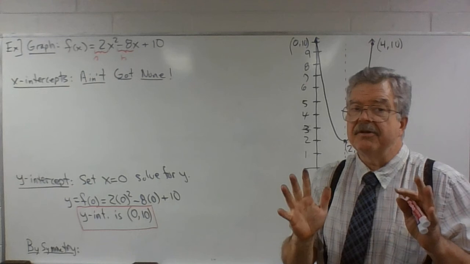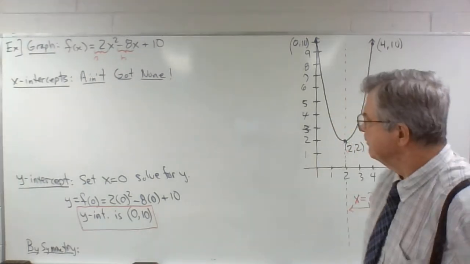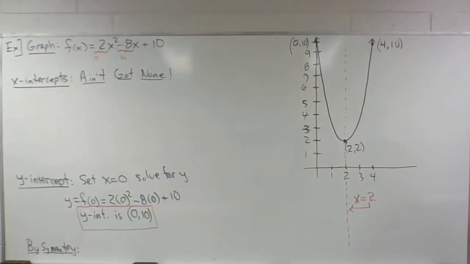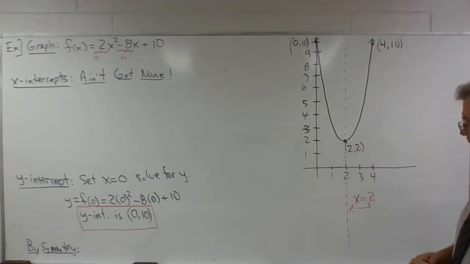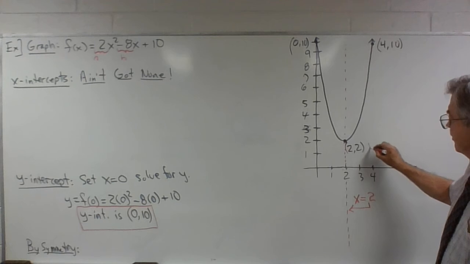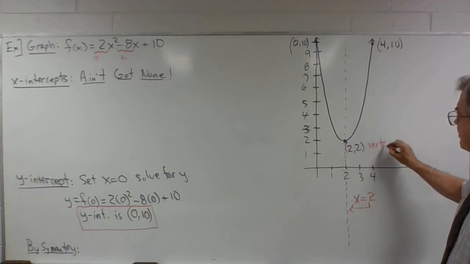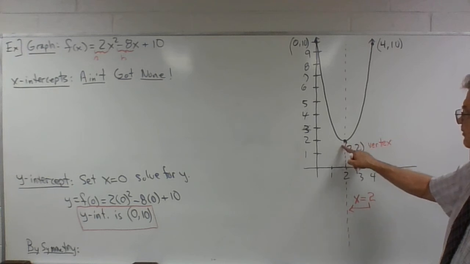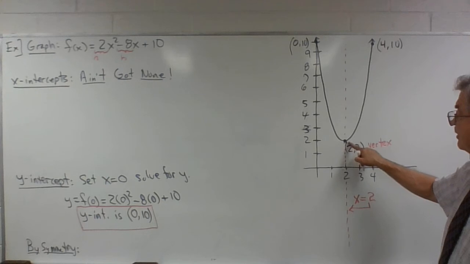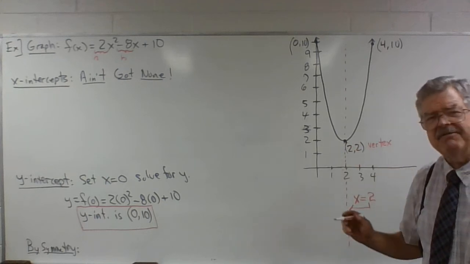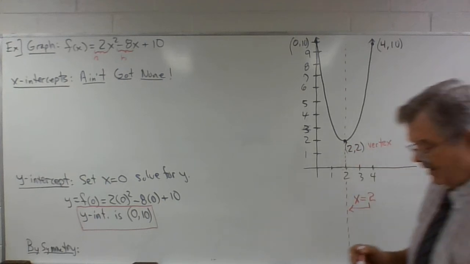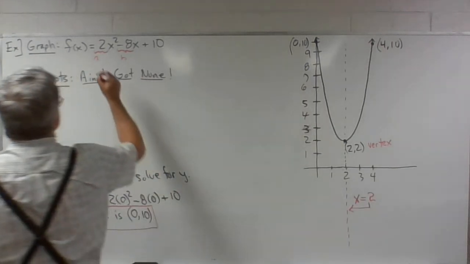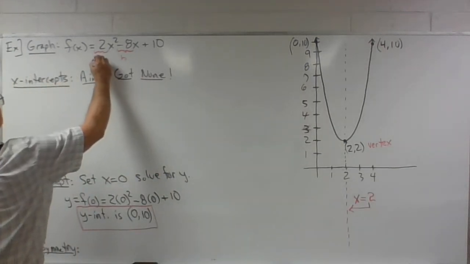I can approach this two different ways. The first thing is I've identified my vertex. The vertex is either the high point or the low point on the graph. My vertex is at x equals 2, y equals 2. My vertex lies above the x-axis. And remember our old friend A here?